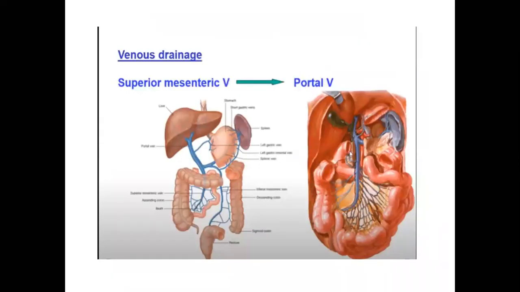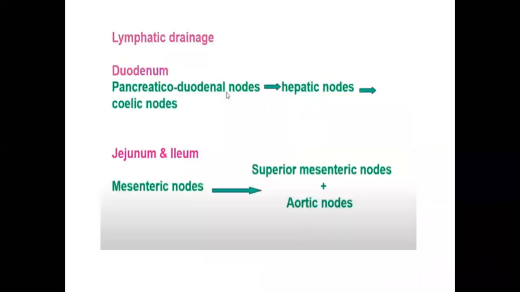Now, ultimately, the venous supply of the whole small intestine drains into the portal vein. It starts from the superior mesenteric vein, draining ultimately into the portal vein. Then coming to the lymphatic drainage of the duodenum, it begins from the pancreatoduodenal nodes, similar to the artery, going to the hepatic lymph nodes, and then ultimately draining into the celiac nodes.